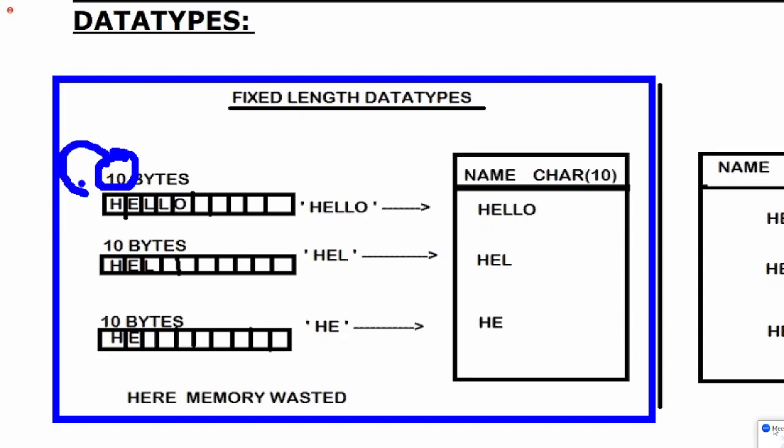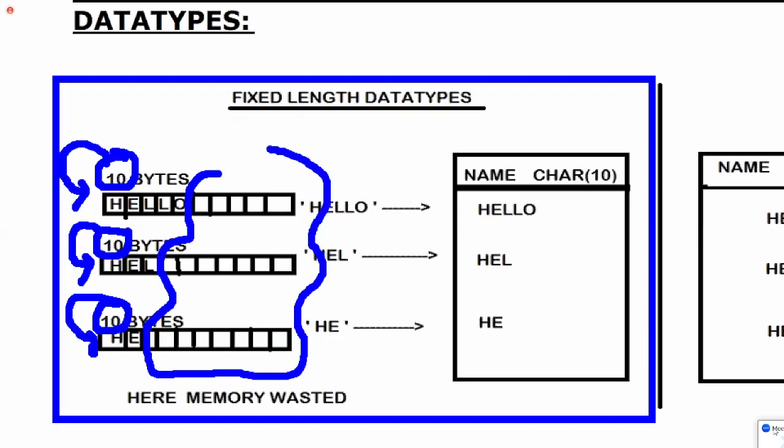Out of 10, 5 are occupied. The remaining 5 are wasted. Here for hell also, 10 bytes are assigned, but 3 bytes are occupied, 7 bytes are wasted. Here also 10 bytes are allocated, but only 2 bytes occupied. So this area is called wastage of memory. Understand, the wastage of memory.